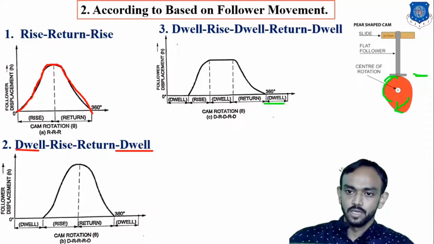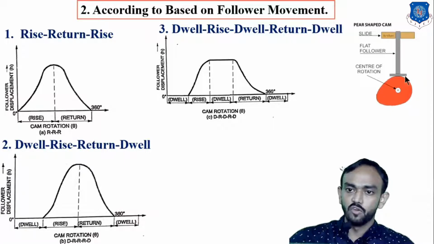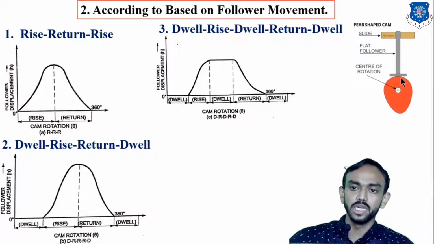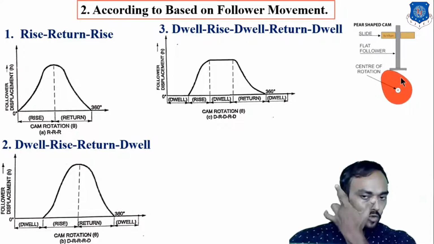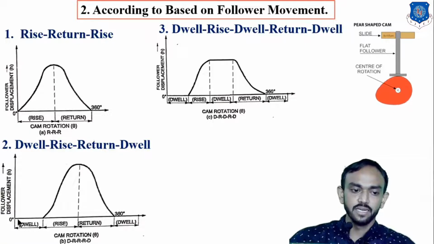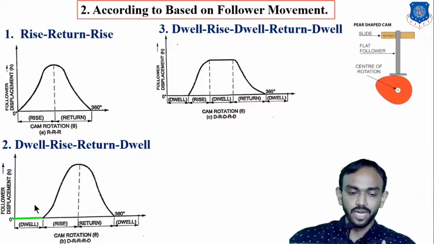Check this: for this time, along this circular profile, the follower is in steady condition. After that it moves upward and downward, and now it is in dwell condition again. Dwell means the follower is in steady condition. So in this case, dwell means the follower is not moving while the cam is rotating, until the cam completes one revolution.